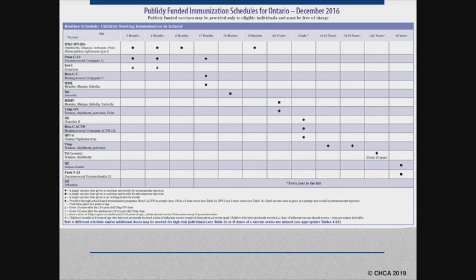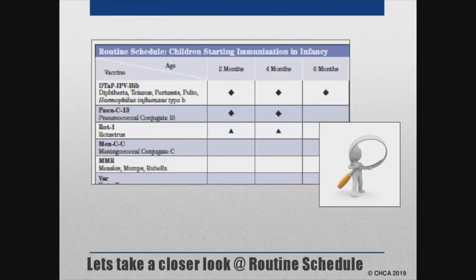If you would be interested to learn more about this, feel free to contact Val or myself, and we can help you with that. As I mentioned, taking a closer look across the horizontal axis, you can see 2 months, 4 months, and 6 months. And then along the vertical axis, there are the immunizations that are provided.